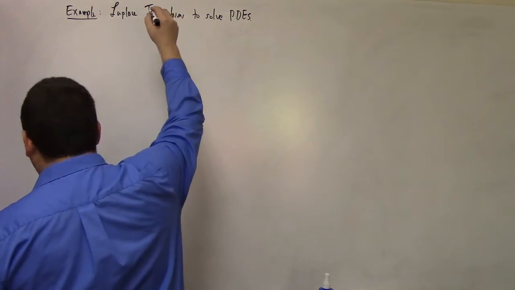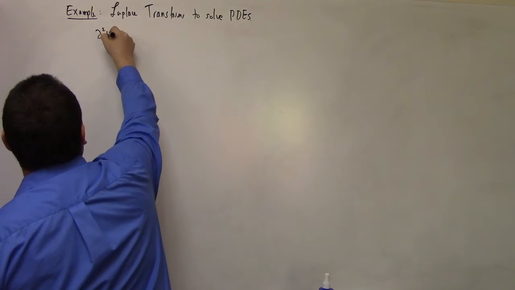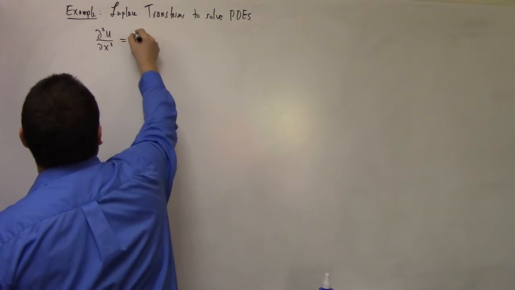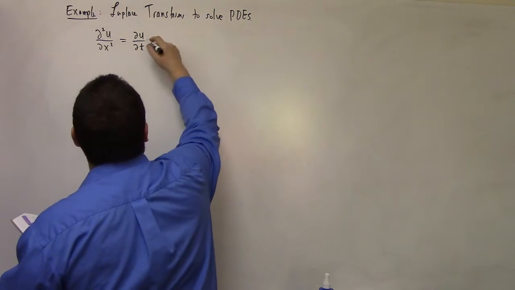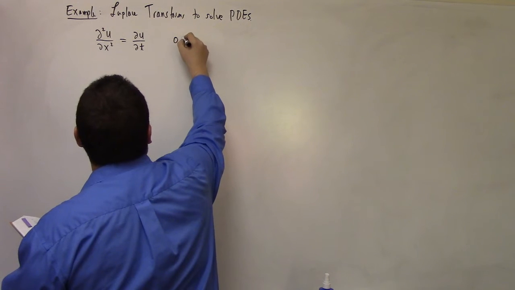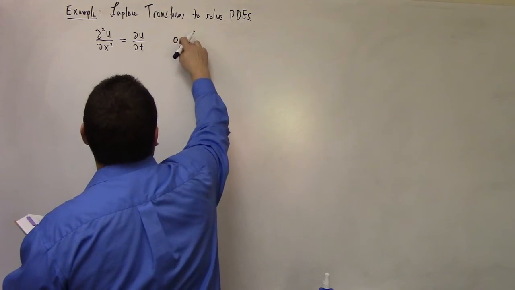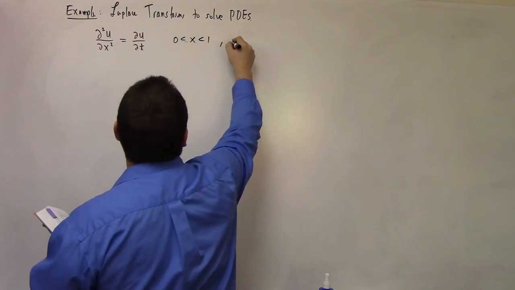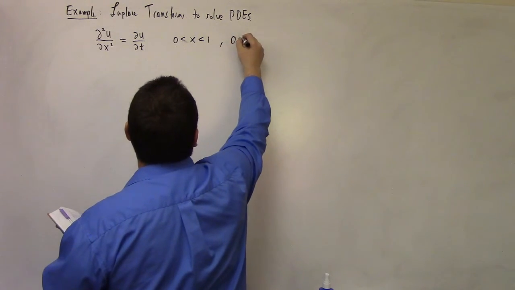And the specific one we're going to look at is the partial squared u partial x squared equals partial u partial t. This is a heat equation. And we're going to look at it for 0 less than x less than 1, and t bigger than 0.